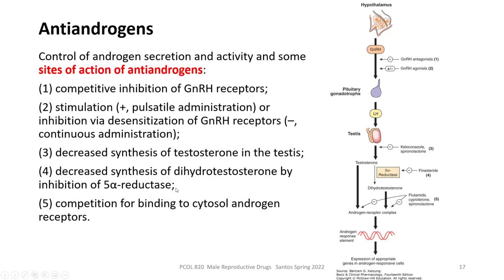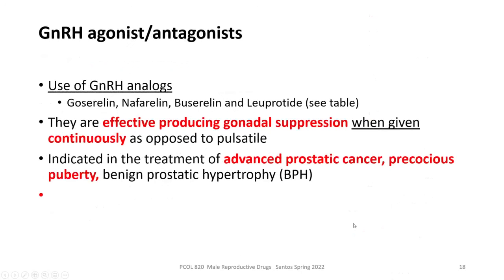Drugs that inhibit the 5-alpha reductase, reducing the levels of dihydrotestosterone, and that will be finasteride. And we have drugs that compete to bind to cytosol androgen receptors. And we're going to cover each group right now.